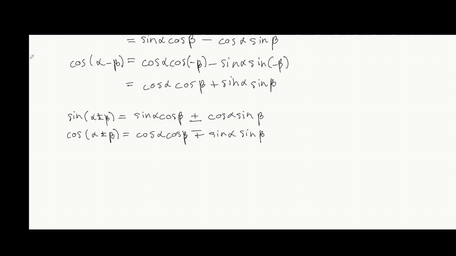So the one for cosine is going to be minus or plus, because the minus sign corresponds to if we have alpha plus beta, and the plus sign corresponds to if we have alpha minus beta. So it just flips the sign.